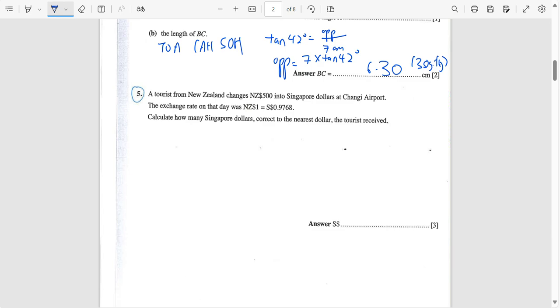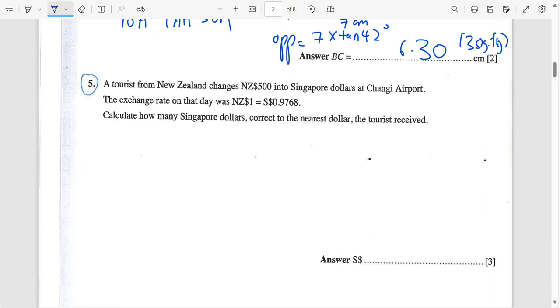A tourist from New Zealand changes New Zealand $500 into Singapore dollars at Changi Airport. The exchange rate on that day was 1 New Zealand dollar is Singapore $0.9768. Calculate how many Singapore dollars. Okay, so you have New Zealand $1 is to Singapore $0.9768.